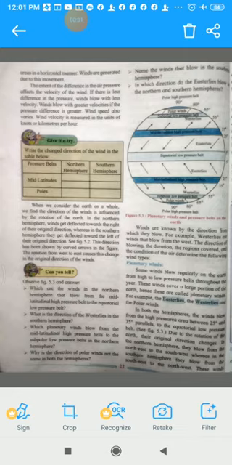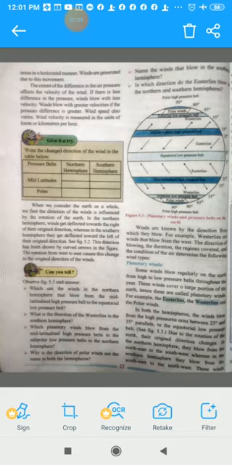Planetary winds mean what? The winds which blow regularly throughout the year from high pressure to low pressure, and these winds also cover a large portion of the earth. They cover an extensive portion of the earth, that is our planet earth, and that's why they are called planetary winds.